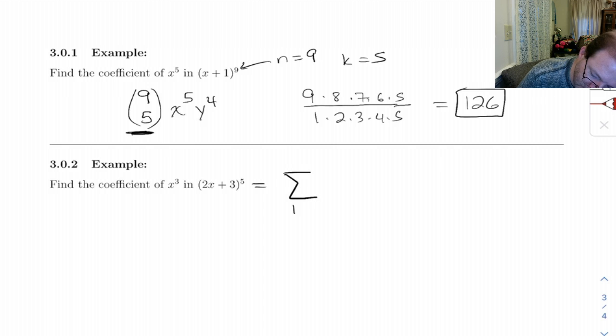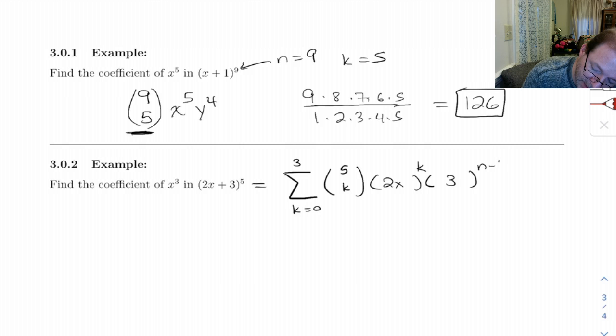This is going to be the sum, k going from 0 to 3, of n choose k. But instead of x and y, what I've got is 2x to the k, and then 3 to the n minus k.